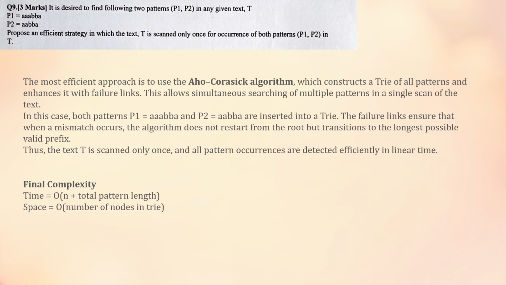It is desired to find two patterns in a given text, pattern 1 and pattern 2. Propose an efficient strategy in which T is scanned only once to search the occurrence of both of them together. Here we'll use the concept of a trie. Both patterns are inserted into a trie.